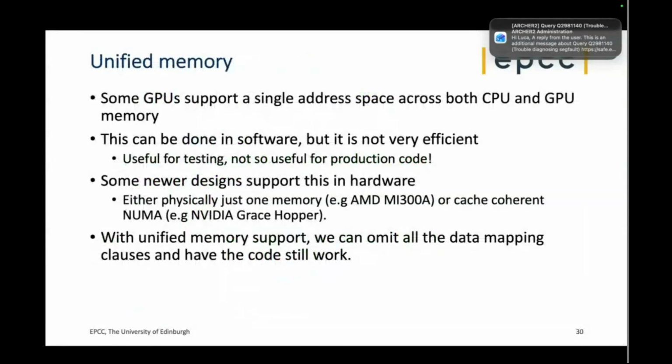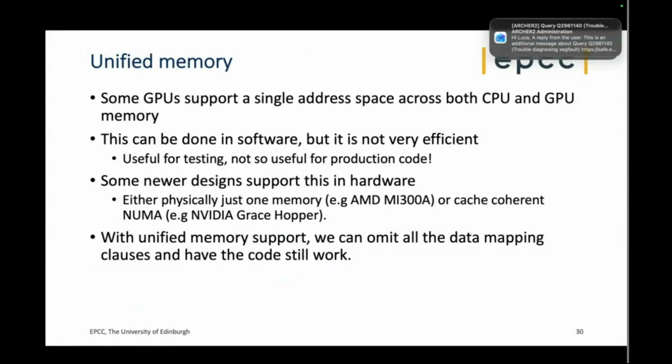Okay, unified memory. We have touched upon it, we've hinted at this, and we'll repeat it here. It's not always necessary to do all the data transfer. You can tell OpenMP, if supported by the device, to use unified memory, so there's no need to do the data mapping; you can just use the data which is on the CPU.